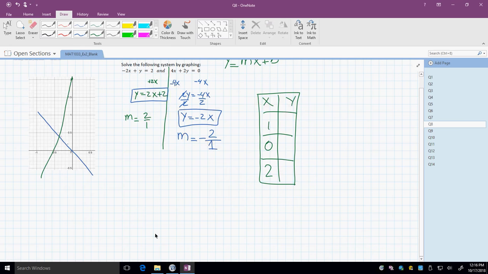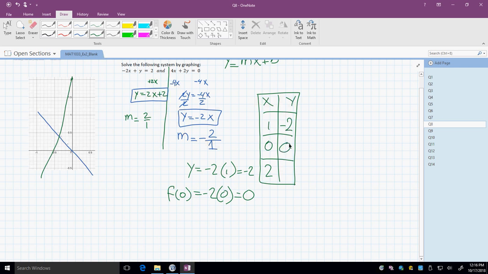So if you substitute this one, doing the blue one, y equals negative 2 times 1. That is going to give me a negative 2. So when x is 1, y is going to be negative 2. Now for 0, it's going to be negative 2 times 0 equals 0.